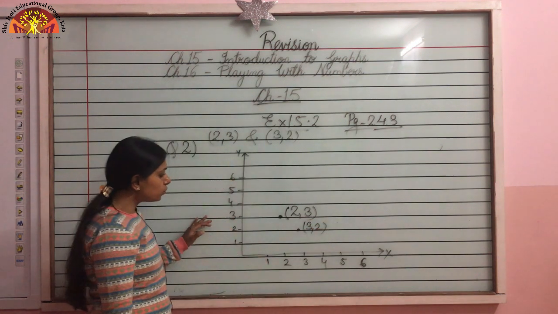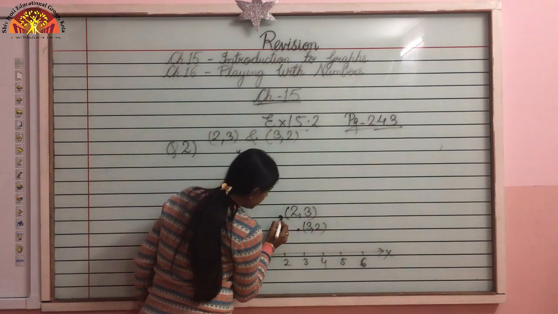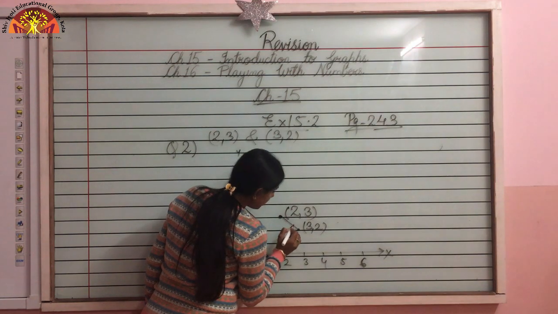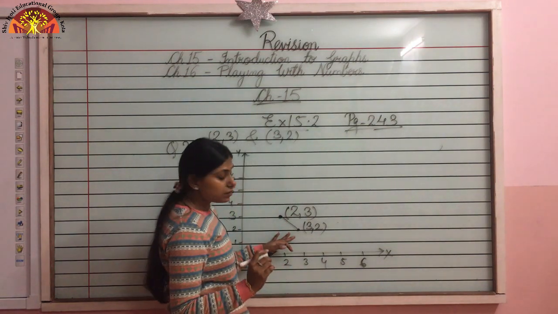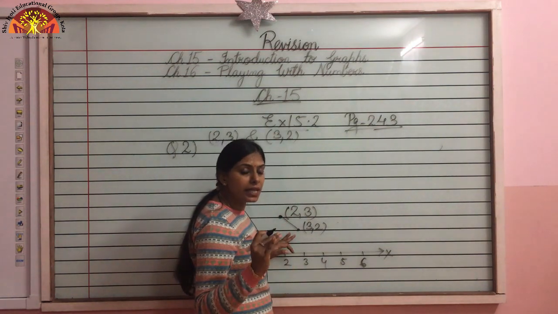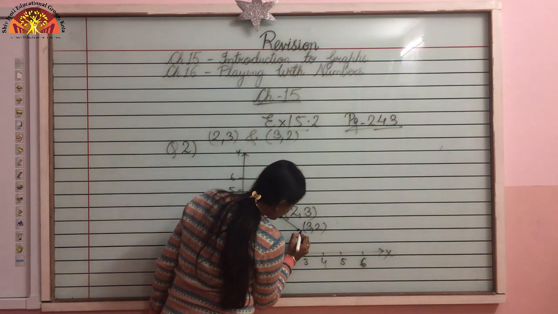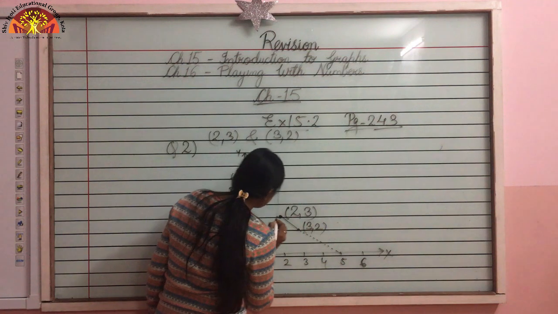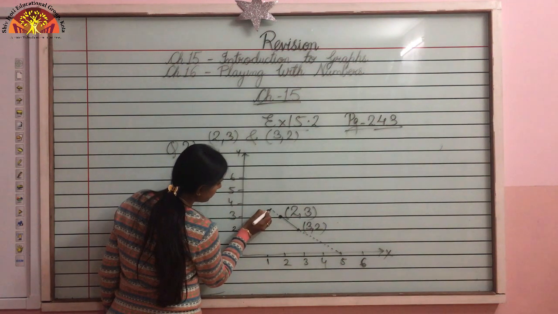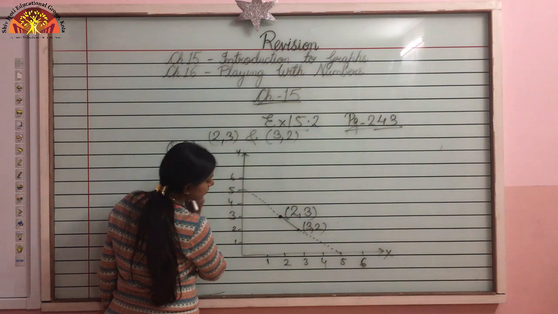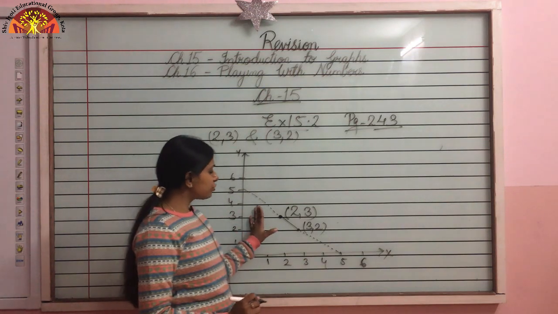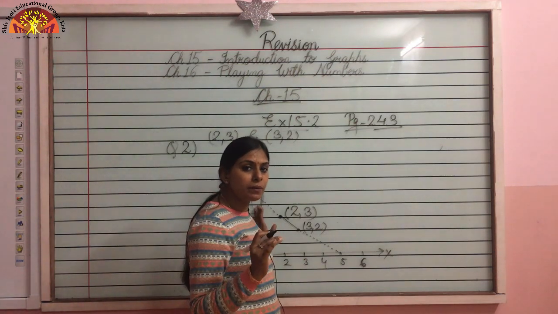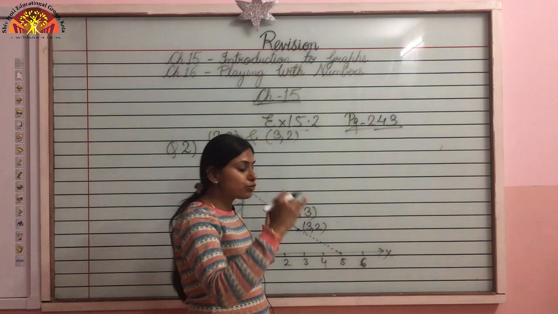Now what you have to do? You have to just join the points and extend the line to where it will meet on the x-axis and on the y-axis. So we'll just extend. Okay, children, I'm not getting a straight line, but when you use your graph paper, you will get the exact straight line.